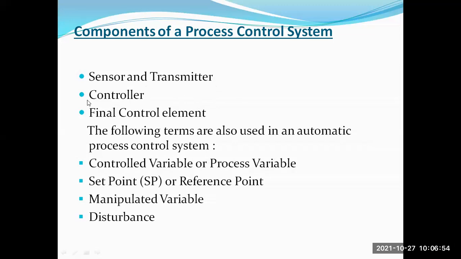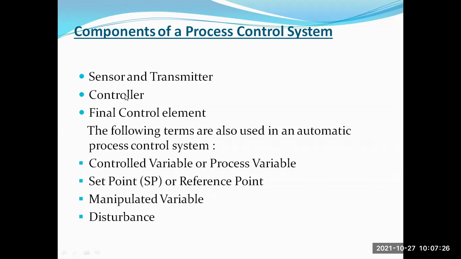Then this is the controller part. What is the controller? It is basically the brain, like the human brain, which totally controls the human body. You walk, sing, read, watch movies, dive, and so on, and these are all controlled by the human brain. So in process control industries, the controller part is the brain.